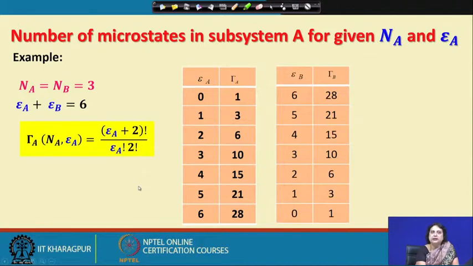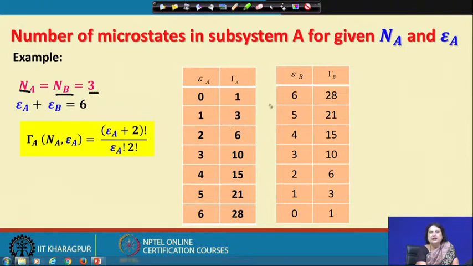Once I know this, then obviously I can generate the corresponding values of epsilon B and the associated number of microscopic states. Look, this is a symmetric system. As a result, I have assumed that N A is equal to N B is equal to 3, okay?